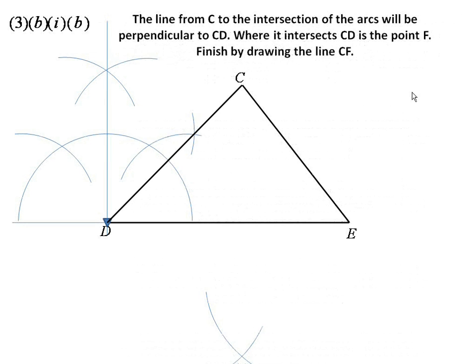The line from C to its intersection of the arcs will be perpendicular to CD. Where it intersects CD is the point F. So we finish by drawing the line CF. We imagine that for the kite, this diagonal is perpendicular to this one, but we do not need the entire diagonal. We just need the line CF, which will end right there.